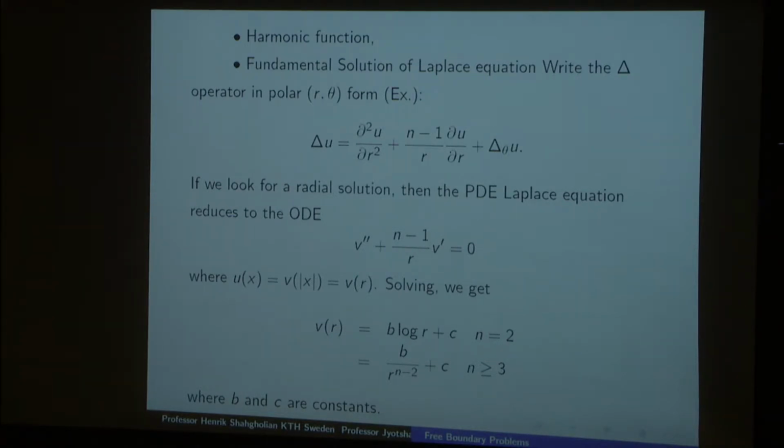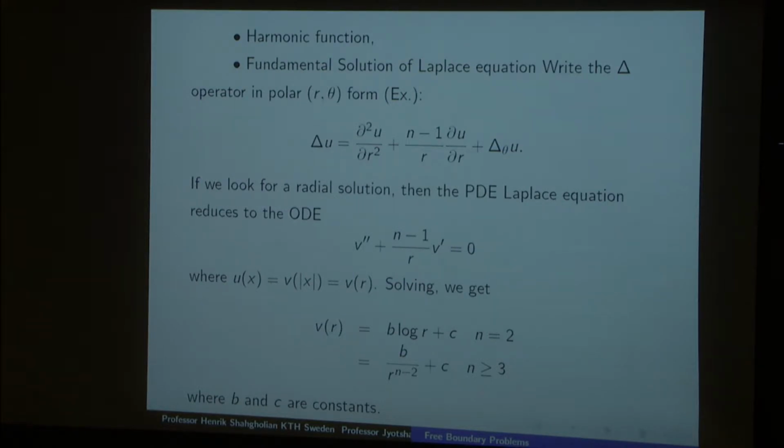If you write it down in polar form, r and theta, it is going to be d square u by dr square plus n minus 1 by r du by dr plus Laplacian theta. It means that it is going to be the surface Laplacian with respect to the theta coordinate. It is not delta in the delta sense, but it is the part which will involve only derivatives with respect to the theta variable.